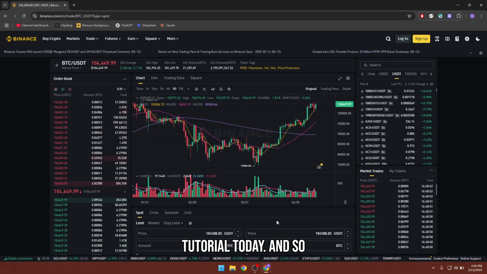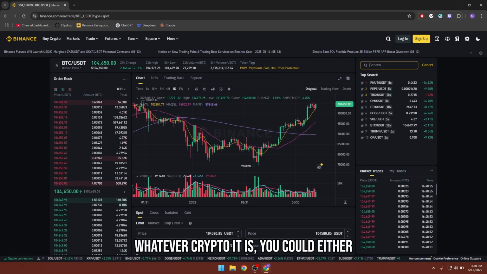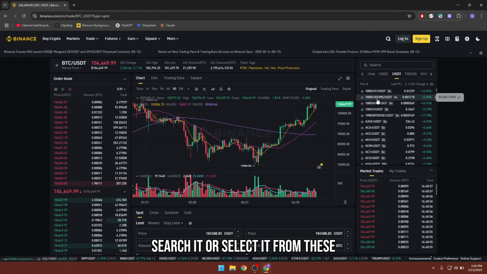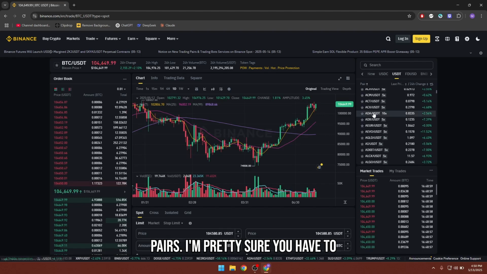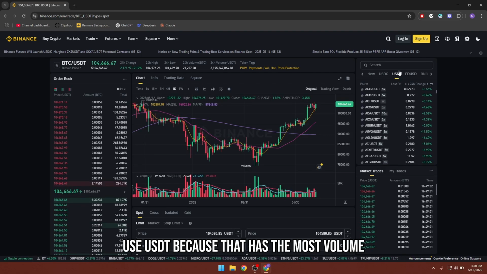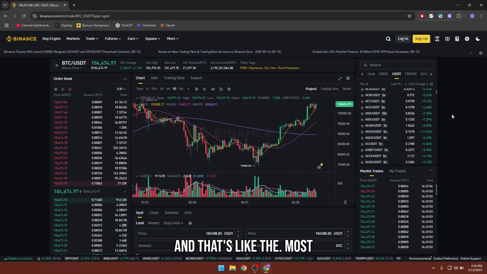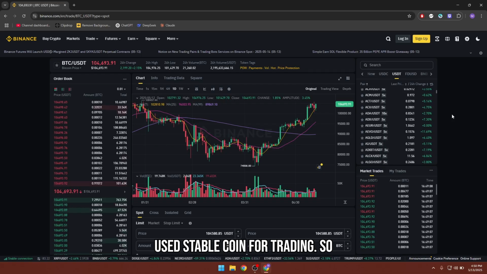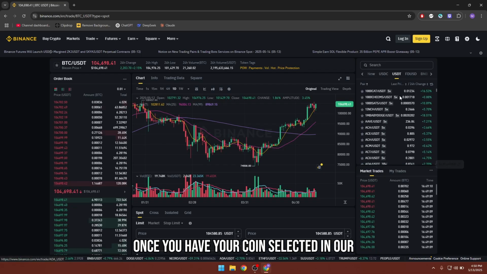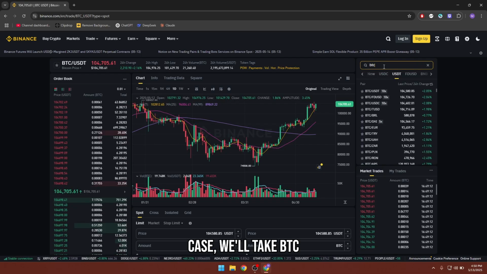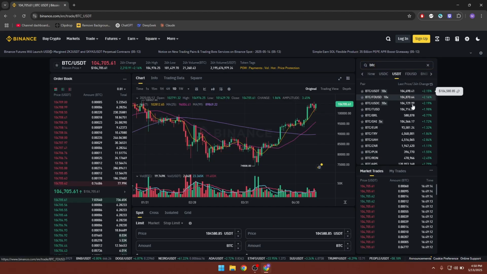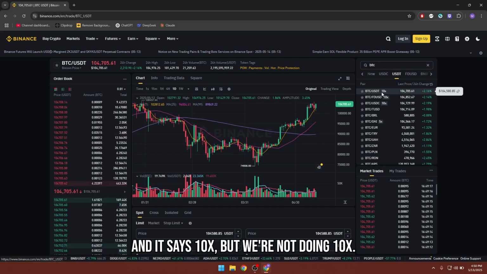And so whatever crypto it is, you could either search it or select it from these pairs. I'm pretty sure you have to use USDT because that has the most volume and that's the most used stablecoin for trading. So once you have your coin selected, in our case, we'll take BTC, and it says 10x, but we're not doing 10x.